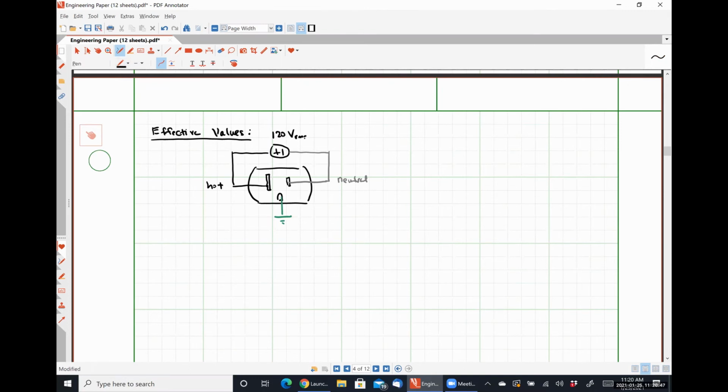120 volts. And we need to signify specifically that it is an RMS value, because power here in the United States means the voltage and current waveforms are oscillating at a linear frequency of 60 hertz.